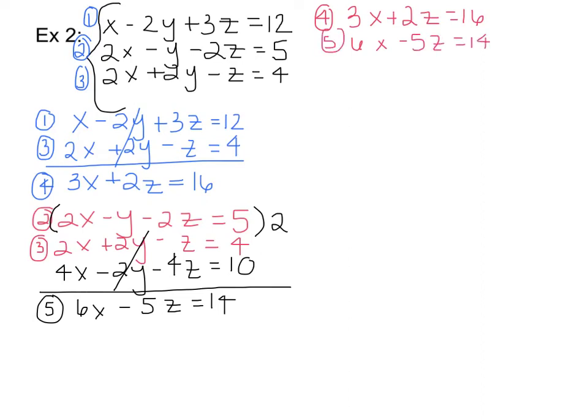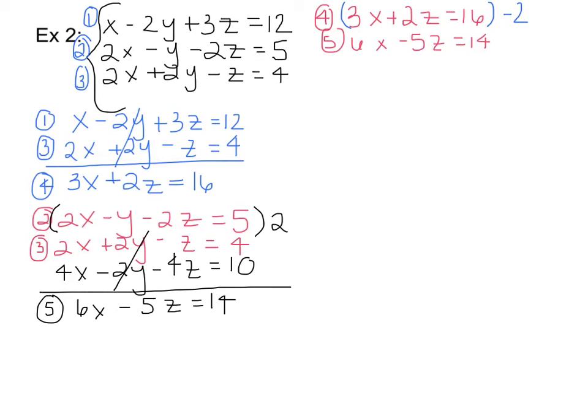And so now you want to look, is there a variable that easily eliminates? I see that this is positive and this is negative, but I also see that I just would have to multiply my top equation by negative 2, and that would make the x's eliminate.